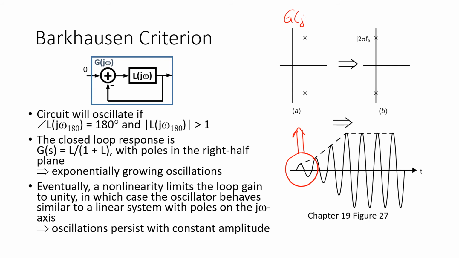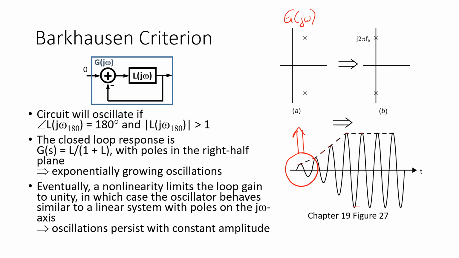And G equaling L over 1 plus L will have right half plane poles in this case. The right half plane poles predict that for even a tiny impulsive input, you'll get sinusoidal oscillations with exponentially growing amplitude.